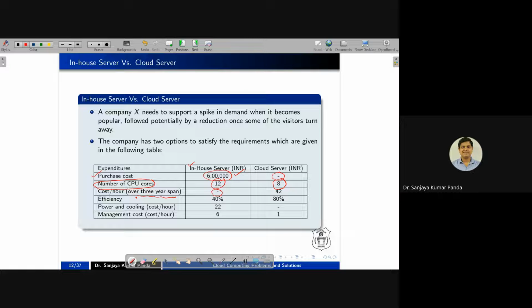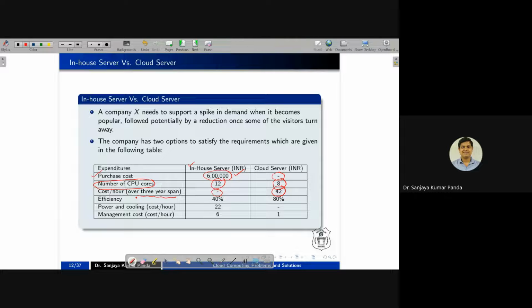There is no amount you have to pay per hour, because you have purchased the infrastructure. But in the cloud, you have to pay 42 INR per hour. So if you are using it for 10 hours, you have to pay 42 into 10, 420 Indian rupees. Right?